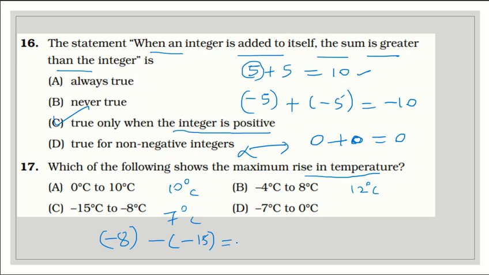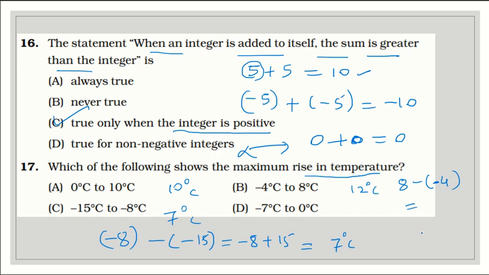So, if you do this, greater minus smaller gives you the absolute difference. I am finding the absolute difference. Here, how to find the absolute difference is simple.